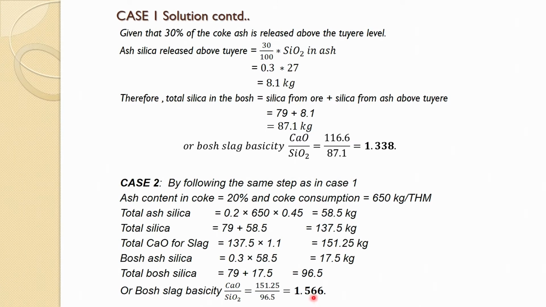So, it is a substantial increment of the basicity in the Bosh slag in comparison to the final slag in the hearth region. So, by increasing the S by 20%, you have to add extra lime, the requirement increases, which contributes also toward the higher basicity of the slag in the Bosh region.